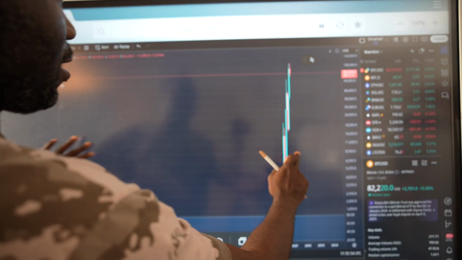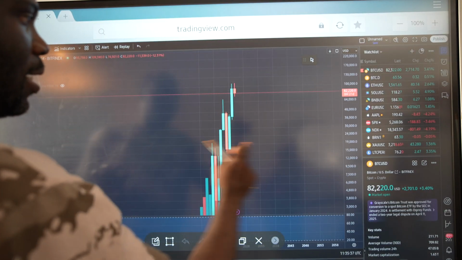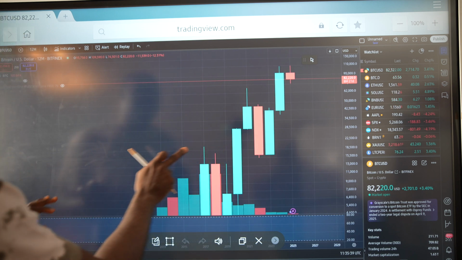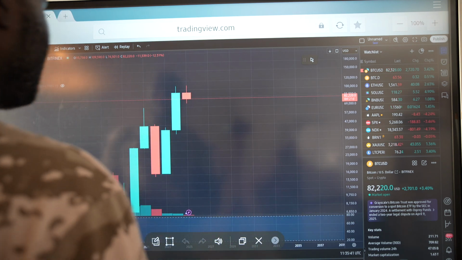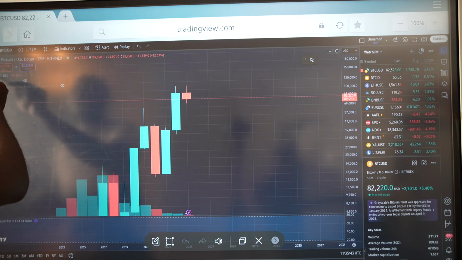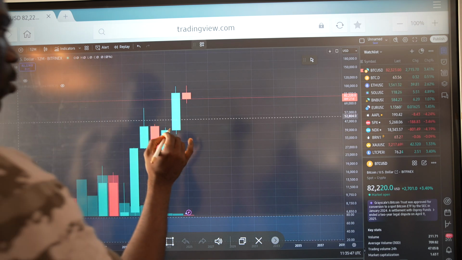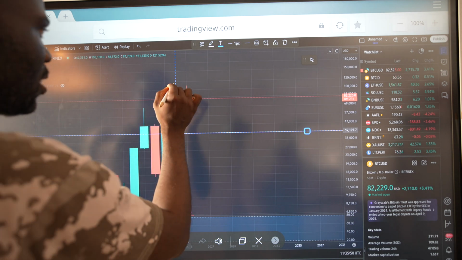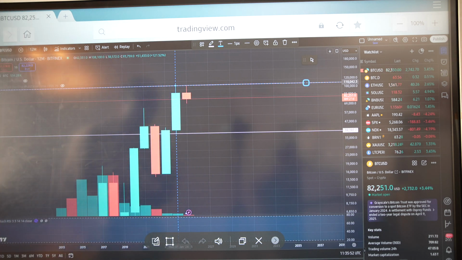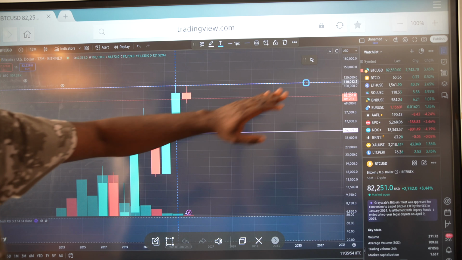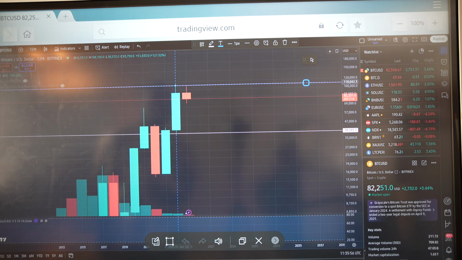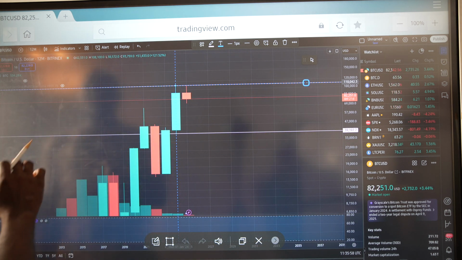I pointed out earlier that in the last 2 years we've been within this range. Let me mark the range so that you see what I'm saying. So we've been between this range here, yes, so that's like between 110 and 40k within the last 2 years.